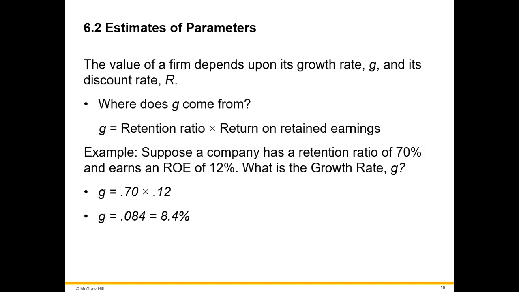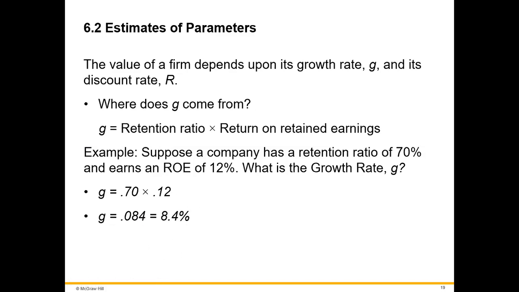So suppose a company has a retention ratio of 70% and earns a return on equity, which we talked about back in chapter 3, of 12%. What is the growth rate? Well, simply take that retention ratio of 70% times the 12% return on equity, and your growth rate, your g, is 8.4%.